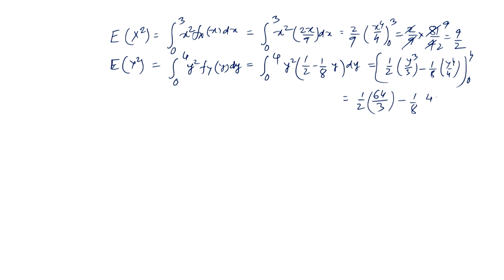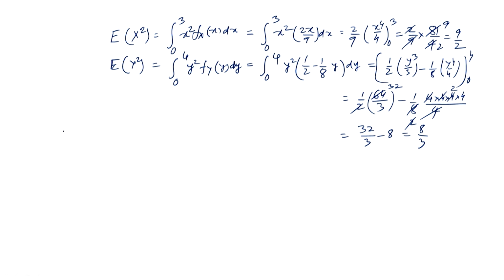So, 4 into 4 into 4 into 4 divided by 4. This cancels and we get 2, this cancels and we get 2. So, this is 8 and here we get 32. So, 32 by 3 minus 8. So, we get 8 by 3.